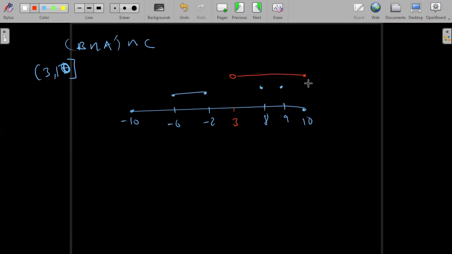So now, where does this intersect with the blue one? If you check, it just intersects at the points 8 and 9. Those are the points where it intersects, which means that the final answer, B intersect A complement intersect C, is just going to be equal to the set containing 8 and 9, since this is where the intersection is.